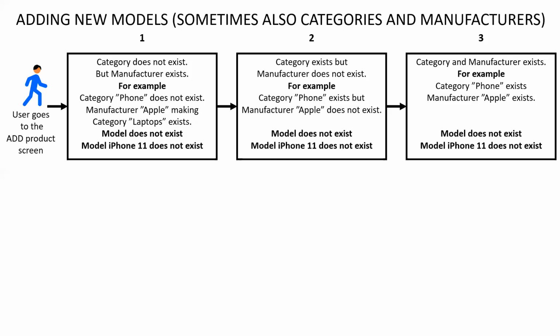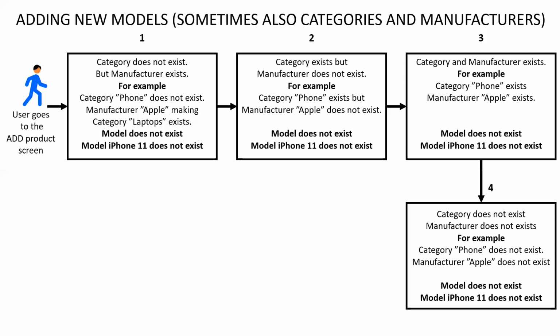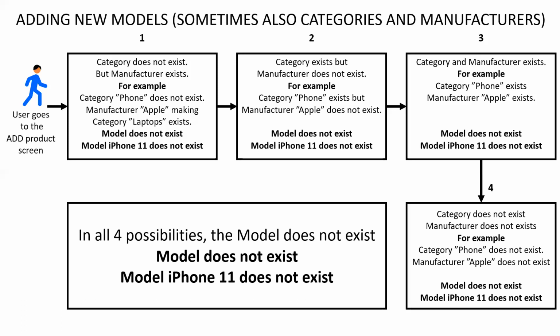Now, let's look at another case when both do not exist. The category does not exist, the manufacturer does not exist. So the category phone does not exist, the manufacturer Apple does not exist. And again here, the model iPhone does not exist. So as you can see, in all possibilities, the model does not exist.